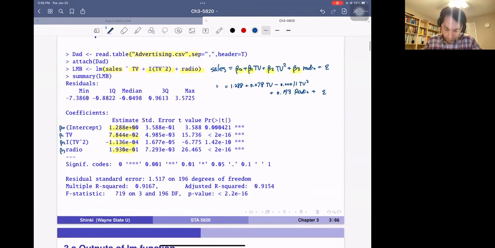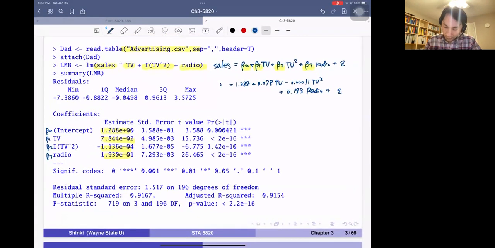And how reliable these numbers are is calculated here. For example, you can see this one, 4.985 times 10 to the negative 3, so 0.004985, is the standard error of this.